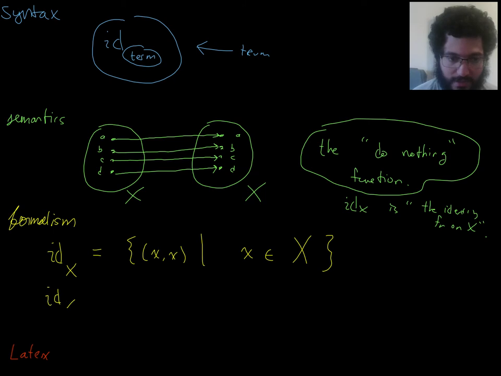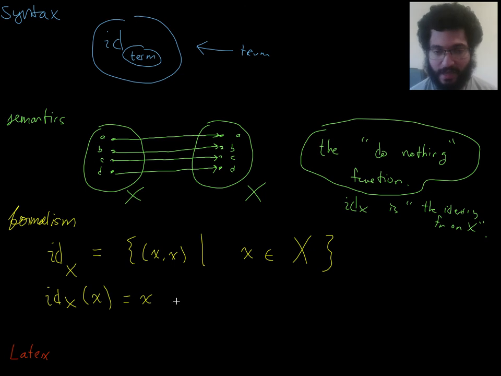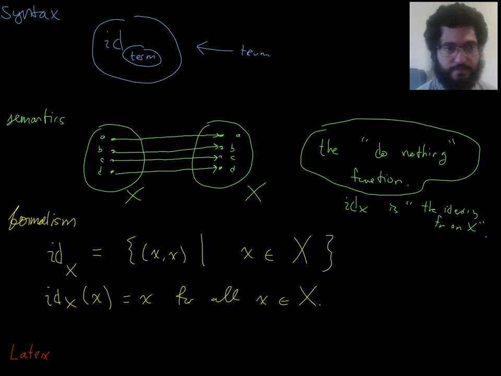You can say id sub x is defined by saying that its value at x, where x is in the elements of capital X, is x. So this is the definition in terms of a formula. Its value at x is x for all x in there. But I'm going to define it like this, and then these will be things that we can prove.